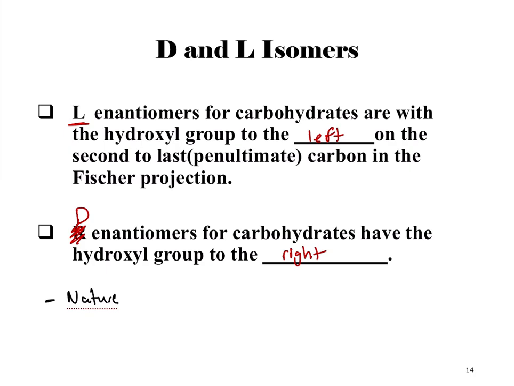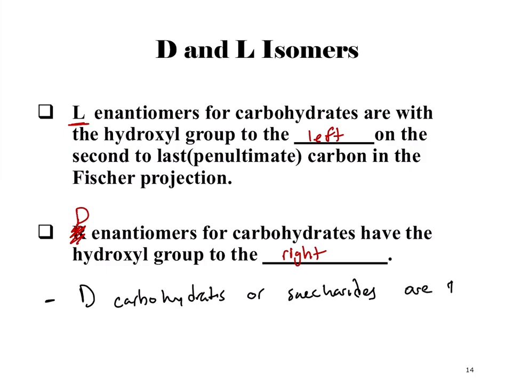In nature, we only have D carbohydrates, right? All naturally occurring carbohydrates and sugars are going to be D isomers. D carbohydrates or saccharides are the only ones that occur naturally.